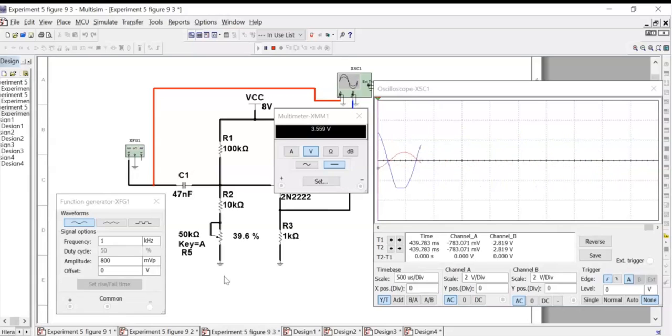Oops, baliktad na naman. Shift A. Shift A. Oops.